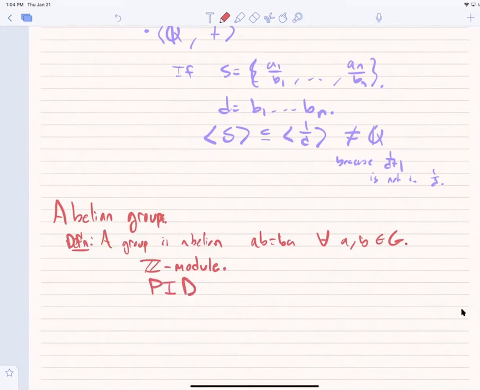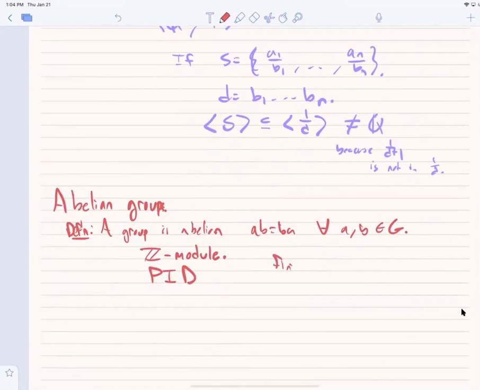And so finitely generated as a group, as an abelian group. So finitely generated as a group for an abelian group, well, that's the same as finitely generated as a Z module.